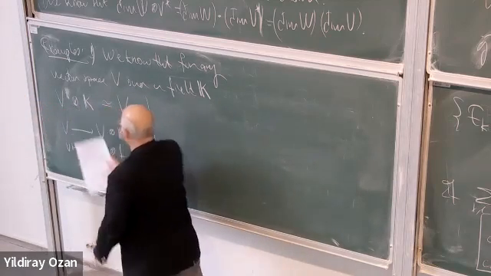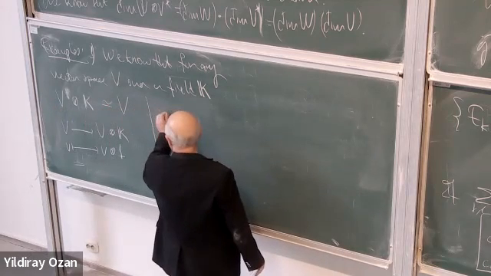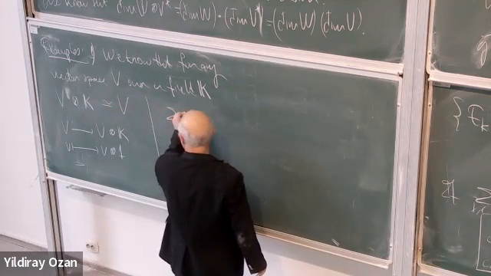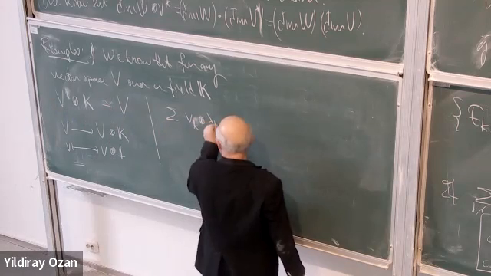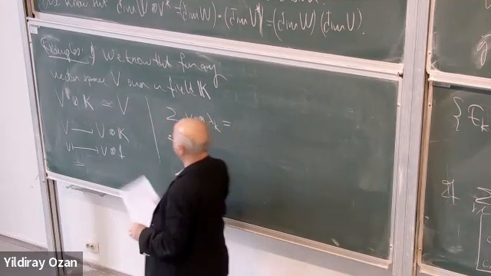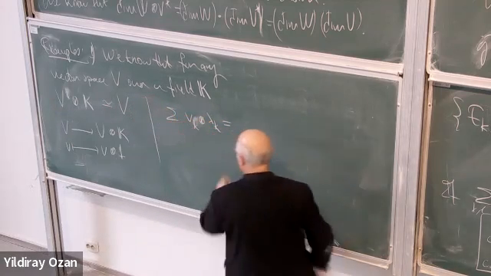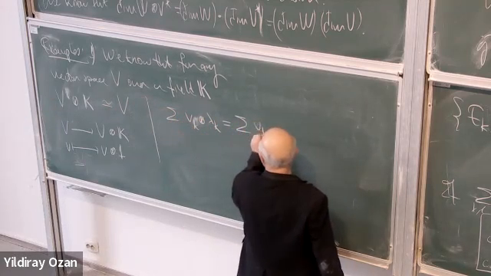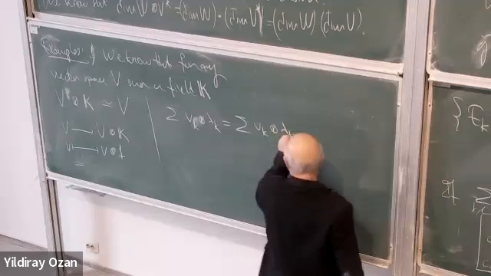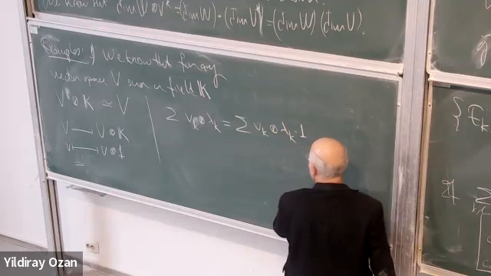Any element of this. What's an element of this? So it is something like this: v_i tensor number k, right? Any element of this figure. But you see, this is a scalar. So I can write that scalar as lambda k times 1.